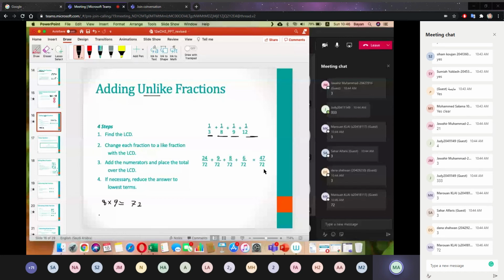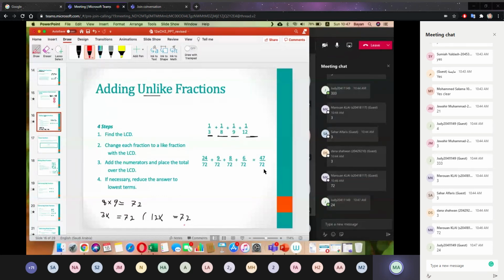Is there any value multiplied by 3 will give you 72? And is there any value multiplied by 12 will give you 72? Try. Now we found a common value between 8 and 9. Still we need to find a common value with 3 and a common value with 12.